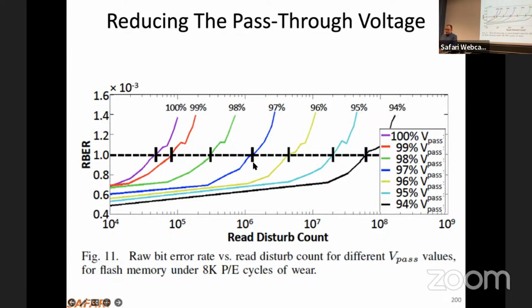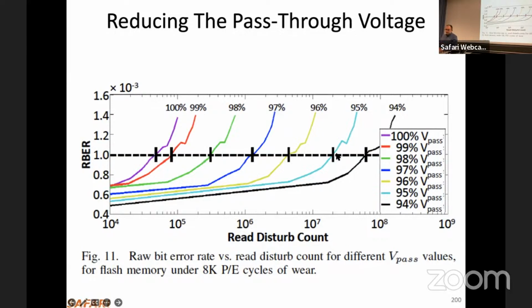For example, this is the raw bit error rate that you can tolerate. It's not actually normalized, it's 1 times 10 to the power minus 3. So this is the raw bit error rate that can be corrected by your ECC technique, meaning that if you exceed this line, you should consider your flash memory dead because you cannot read correctly from it.